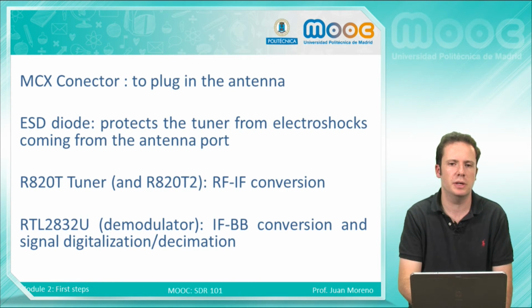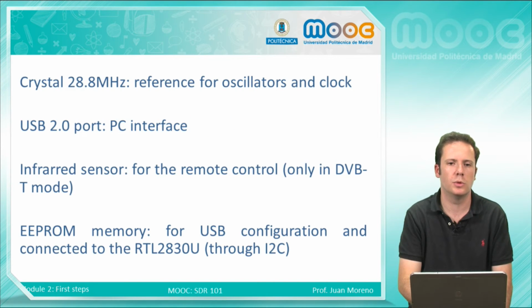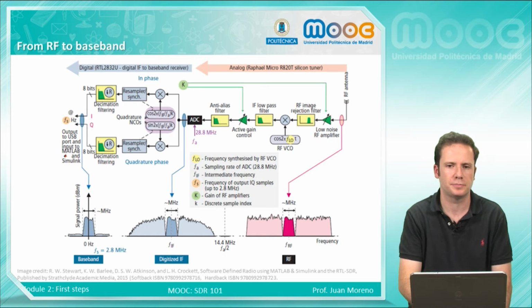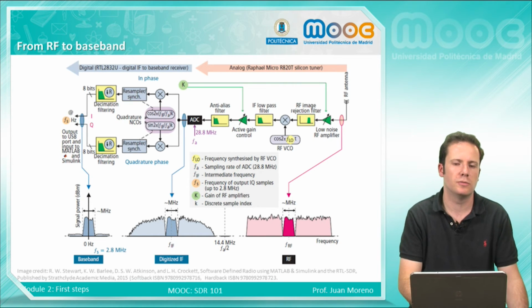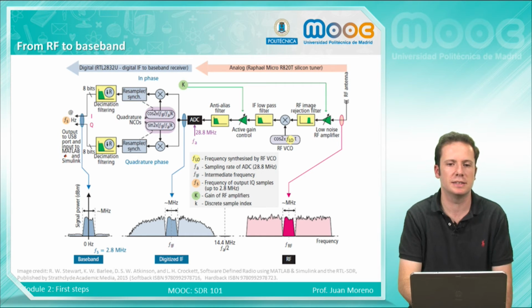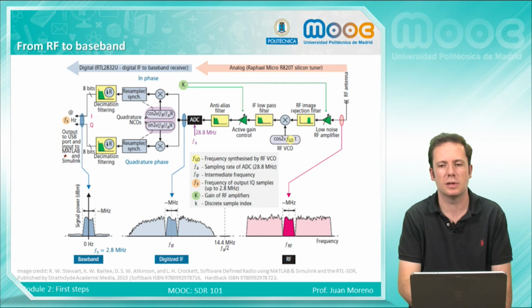And this is a summary of all the features that we commented on before. This diagram that looks very complicated shows everything that happens to the signal since it's received at the antenna port and until it's delivered to the USB port.